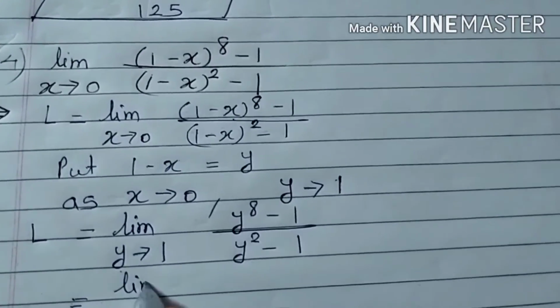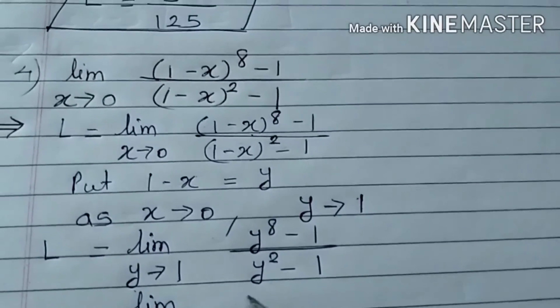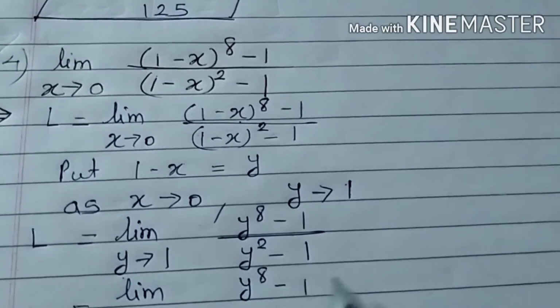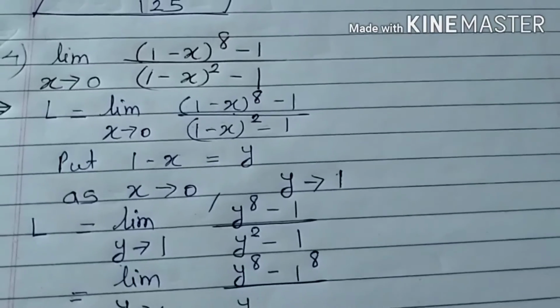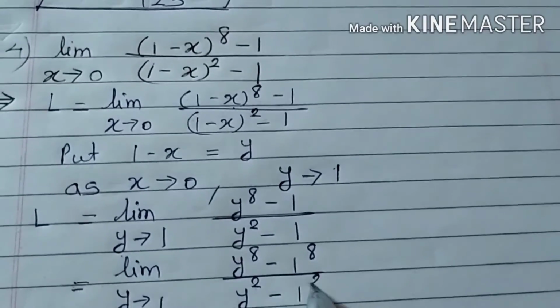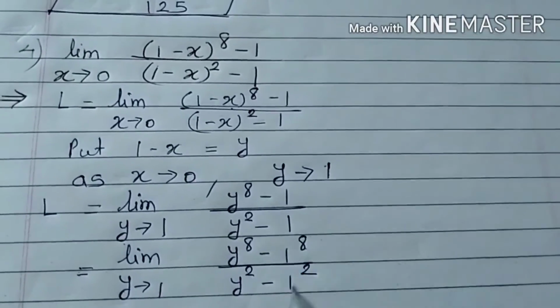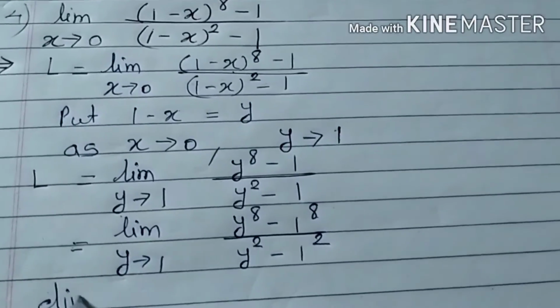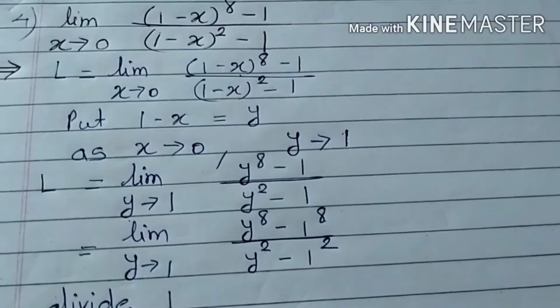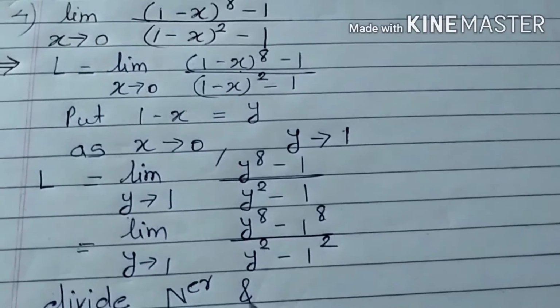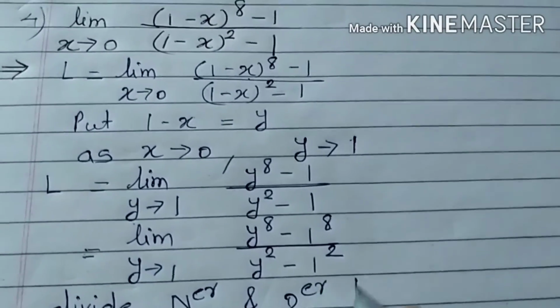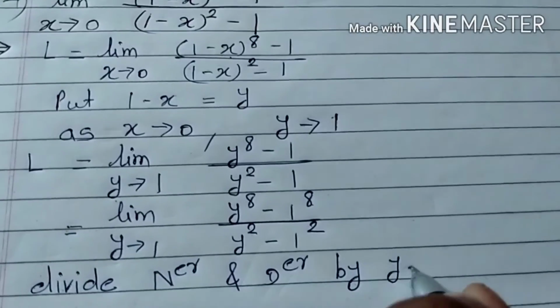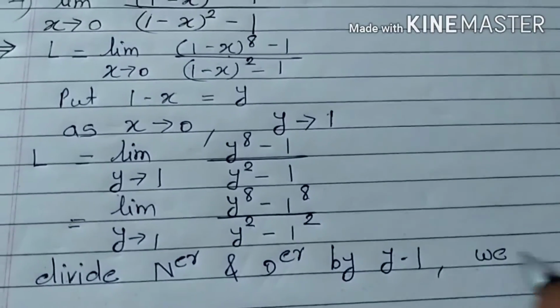Now suppose that y tends to 1: y raised to 8 minus 1 raised to 8 upon y square minus 1 square, because 1 raised to 8 is 1 and 1 square is 1. Now divide numerator and denominator by y minus 1.